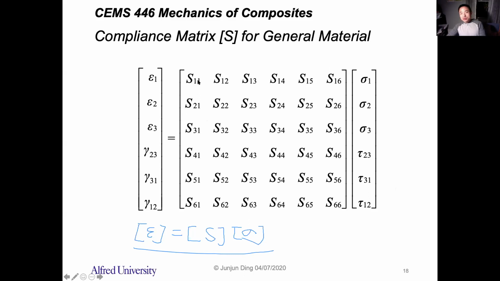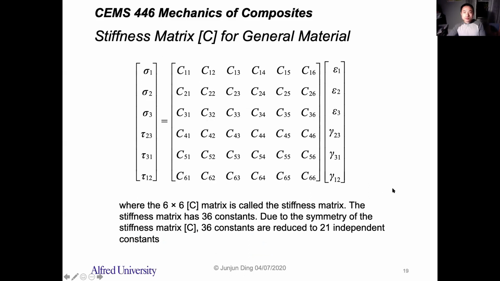But it should be a symmetrical matrix. So if you express the stress based on the strain, you get the stiffness matrix, which is usually expressed by the matrix C. Right?